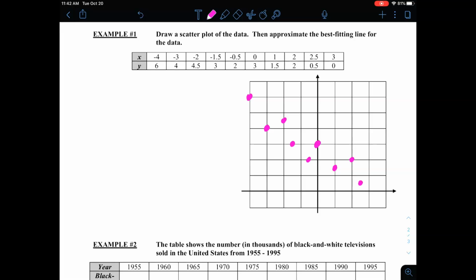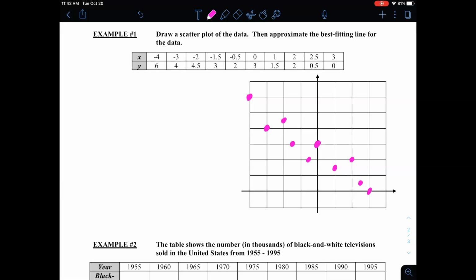Wait, that's wrong. I think I graphed that one wrong. 2.5, up 0.5. Yeah, I graphed it wrong on my sheet, but we're good. Then right 3, we got 3, 0. We're going to go right 3 and stay on 0 here. Okay. All right, so approximate the best fitting line.